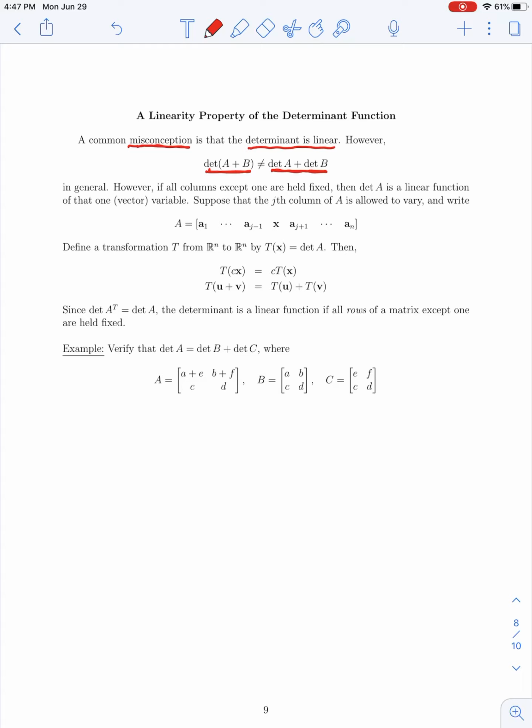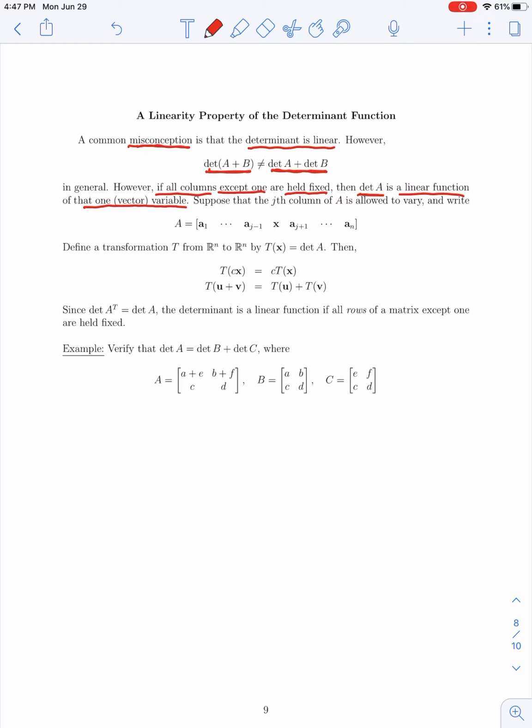However, there is a particular case where the determinant is linear, and that is if all of the columns except one, or, because we know the determinant of A transpose is the same as the determinant of A, if all of the rows of a matrix are held fixed, then the determinant of A is a linear function of that one vector variable.